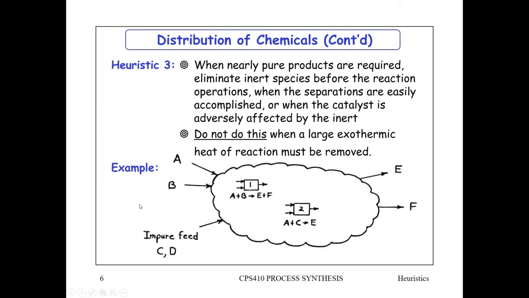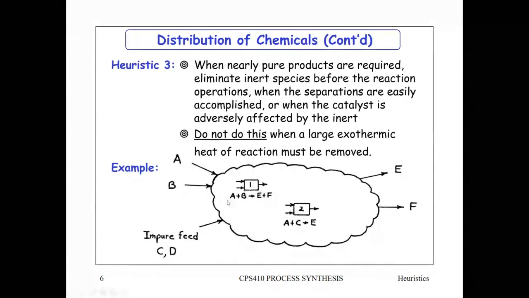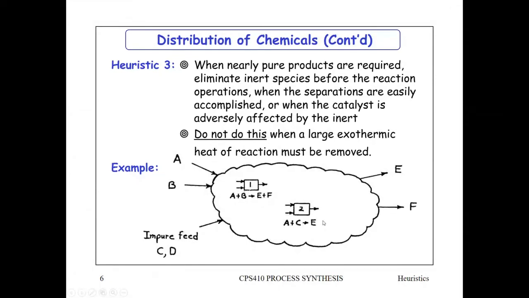As an example, you've got A and B reacting, and they make E plus F. And if you've got an impure feed, you've got C or D. A plus C might make E. That's a byproduct. So you would certainly want to remove C, and D doesn't do anything in these reactions.